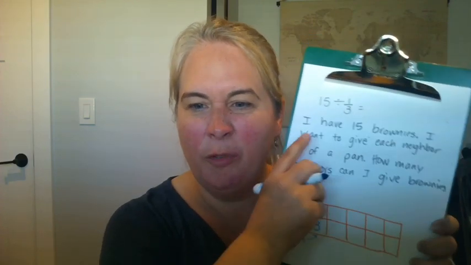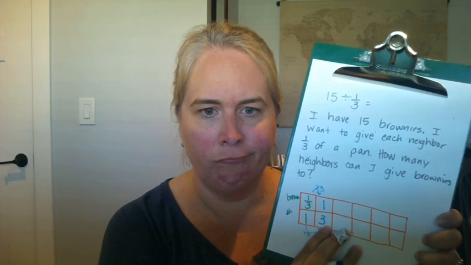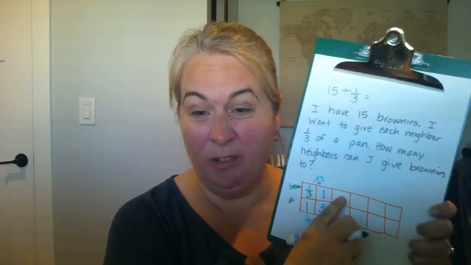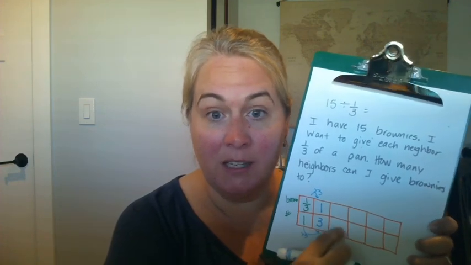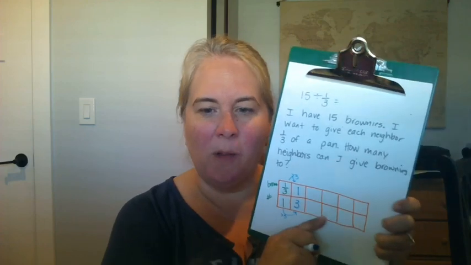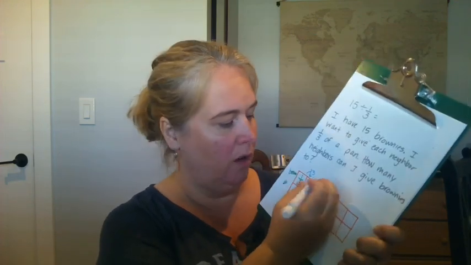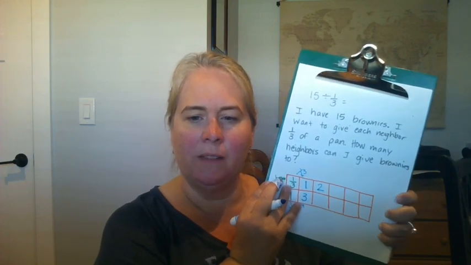But I need to do 15 pans of brownies. Well, I could do 15 and multiply by 3 times 15. I could do that, but I want to try some smaller steps. What if I just double that? Then I would have 2 pans of brownies.